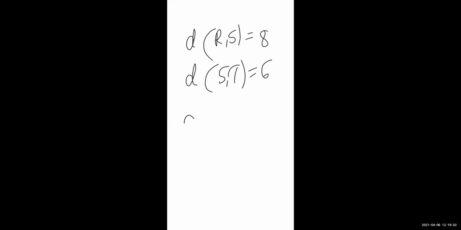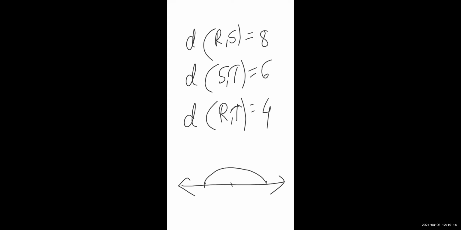Now I'm giving you one question about betweenness, where you have to tell me whether the given point is between or not. Now here distance of RS, I'm not showing a number line now, is 8. Distance of ST is 6 and distance of RT is 4. As we already know, on a number line, the bigger distance is the one we compare against.